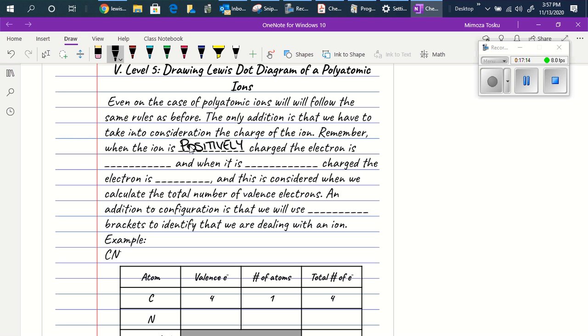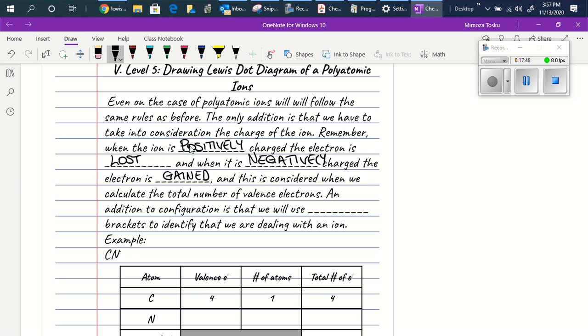then the electron is lost. So it's taken away. And when it is negatively charged, the electron is gained. So when we are talking about electrons being lost or gained, we have to take that into consideration when we calculate the total number of valence electrons.